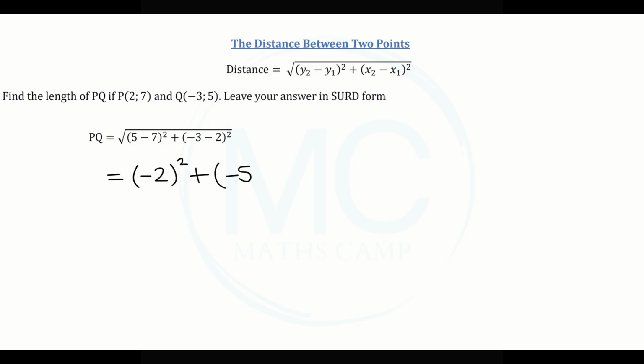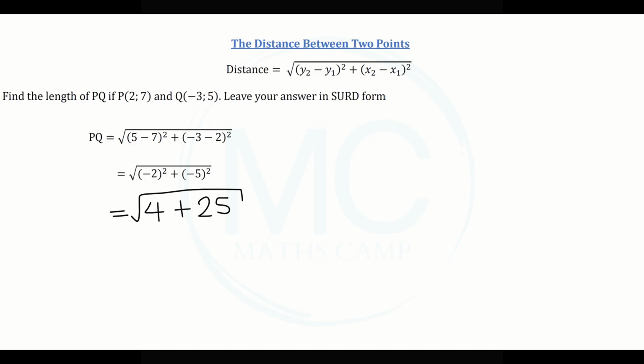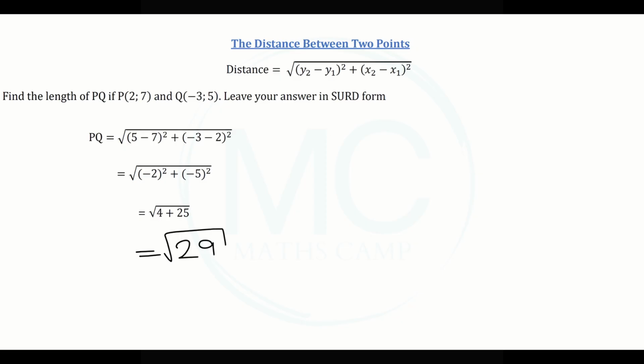Let's put this into a bracket as well, squared, all under a square root. -2 squared gives us 4, plus -5 squared is 25, all under a square root. 4 plus 25 gives us 29, and we can put this under a root as well. 29 is not a square, so 29 under a root is a surd, and we can leave this as our final answer. Let's do one more example.